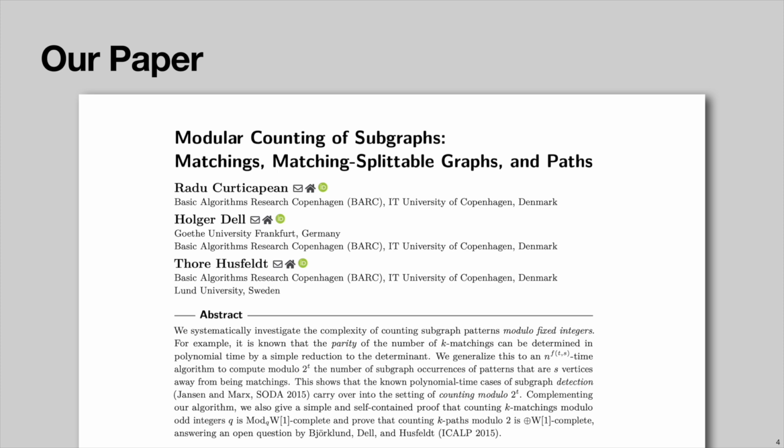We have both upper bounds, which means algorithms, and lower bounds, which means hardness results, both in the parameterized complexity sense as well as in the exponential time complexity sense. So we have lower bounds under assumptions from parameterized complexity and under the exponential time hypothesis as well.